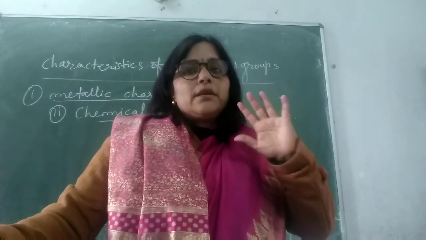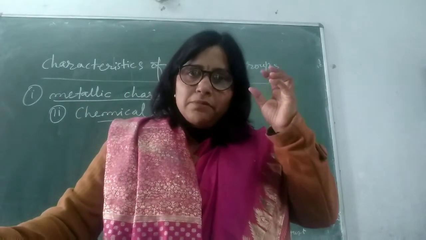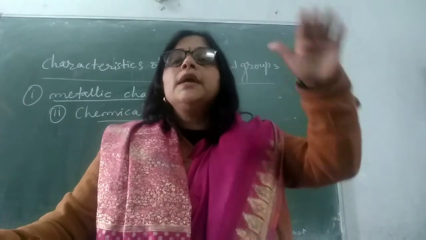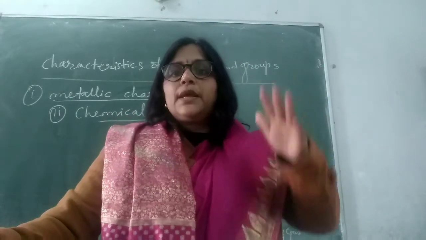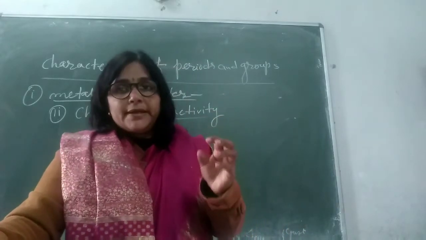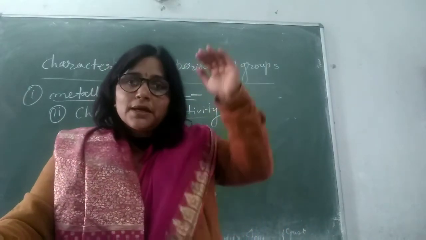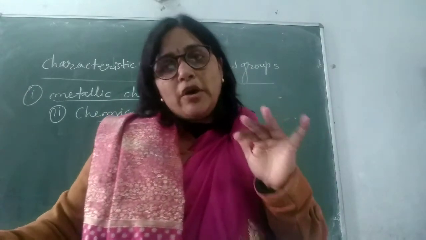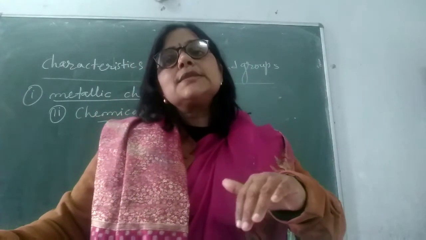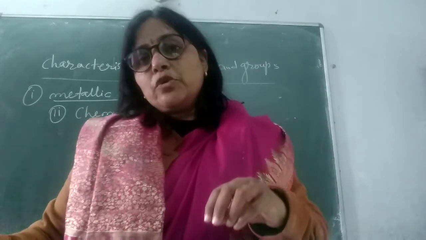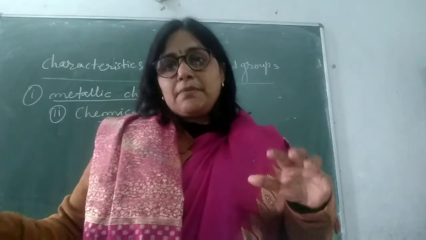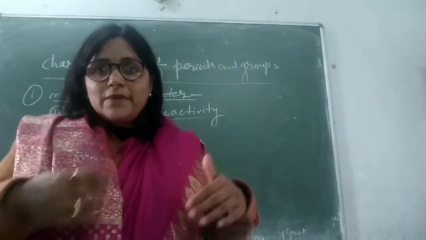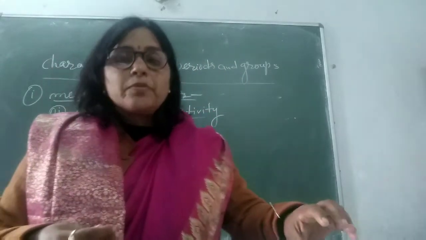Is it clear? Chemical reactivity of metals increases when we are going down a group, but chemical reactivity of non-metals decreases when we are moving down a group because the tendency to gain electrons decreases.